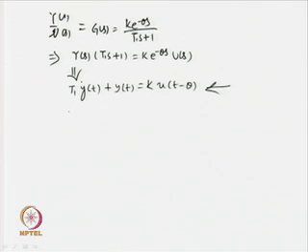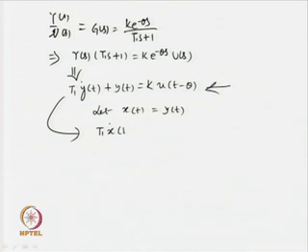Now, we shall introduce some state variable. Let the state variable x(t) = y(t). Then the dynamic equation can be written as T1 x dot(t) + x(t) = K u(t - θ).